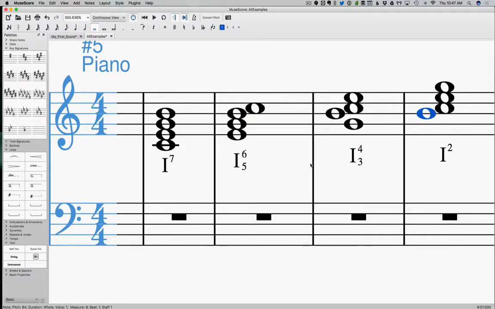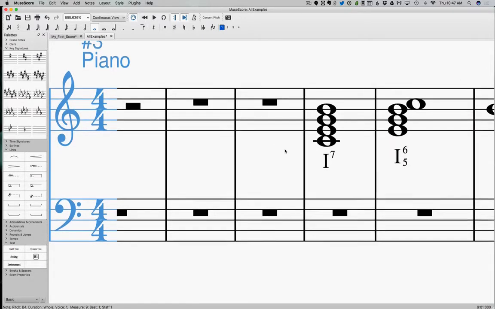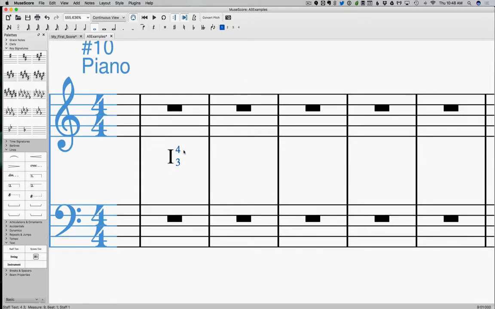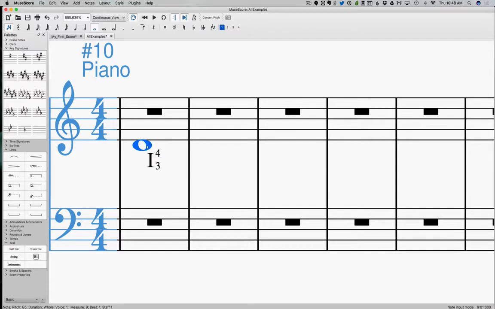So those are our inversion names, how we name them, why they're called that. So how it should work is, let's say I gave you this: 1, 4, 3, and I said we're in the key of D major. You should know exactly what notes to put in here. In the key of D major, you could just start off by writing out your D major triad, but let's actually do that.